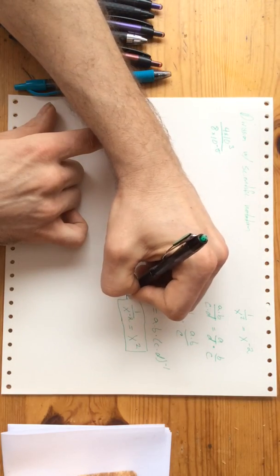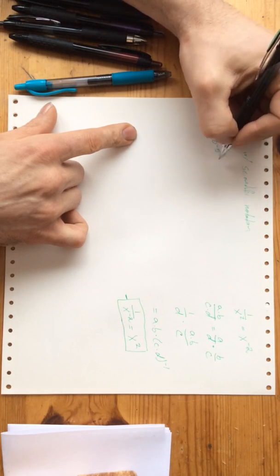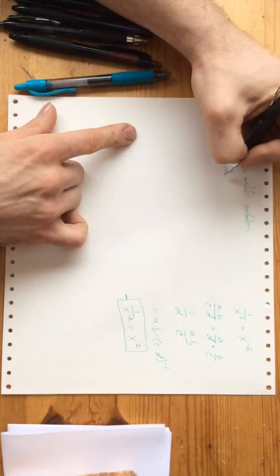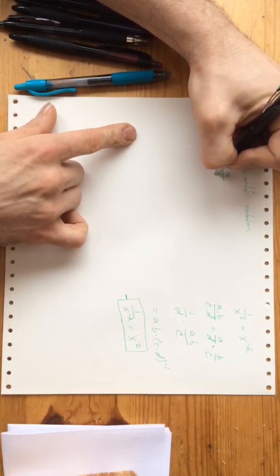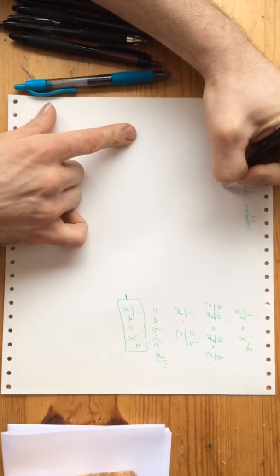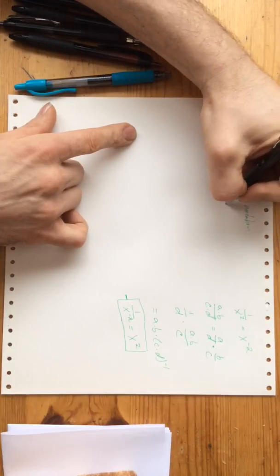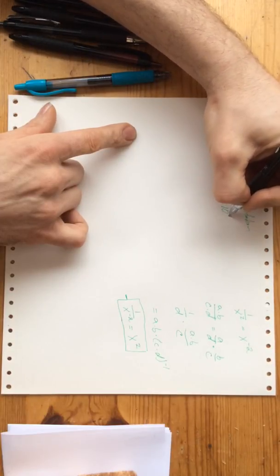And here's where this type of thing comes in. When it comes to the top, it's going to become positive. I'm going to separate this out into 4 divided by 8 times 10 to the third times 10 to the 5th.